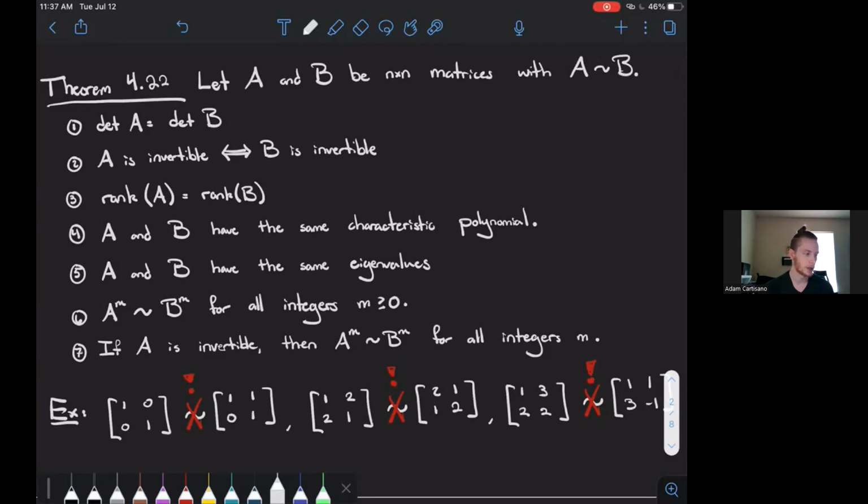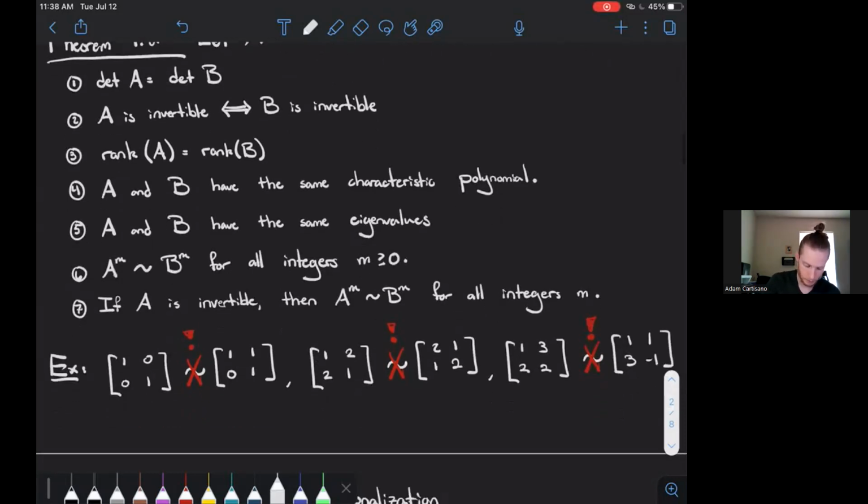For example, if you have the identity matrix as opposed to a matrix just off from the identity matrix, both of these guys have the same, for example, rank and determinant. The determinant of these matrices is 1. The rank is 2. What else? They're both invertible.